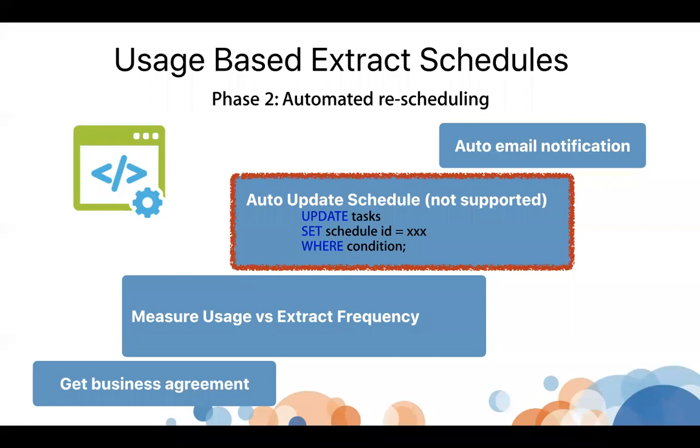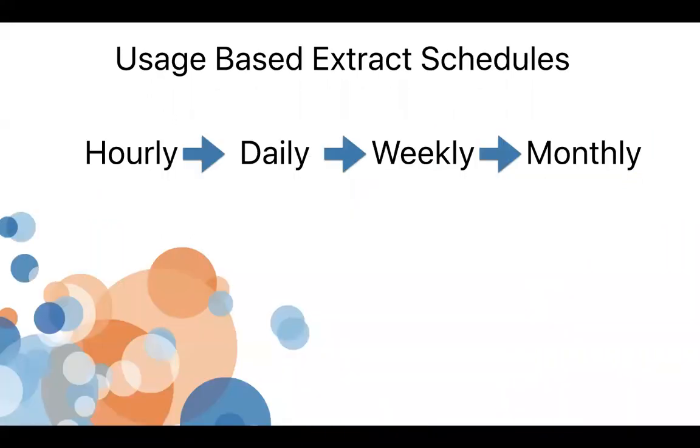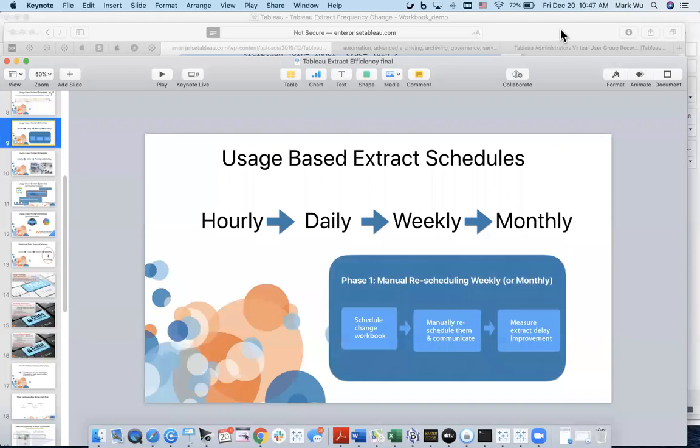And there's no API available for this, which is why you will have to update this directly if you want to automate. Again, if you don't want to automate, the manual process will do. The manual one is pretty good as well. You reschedule them weekly, bi-weekly. That should save you a lot of time already. That should save you a lot of backgrounders already.